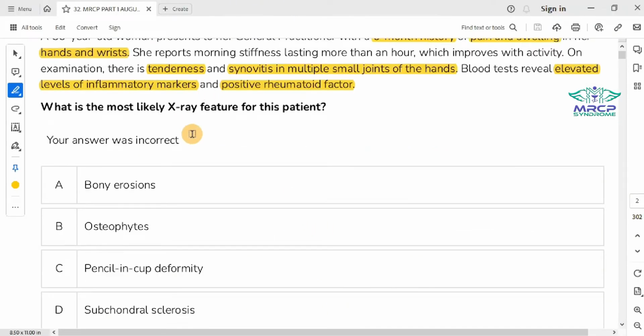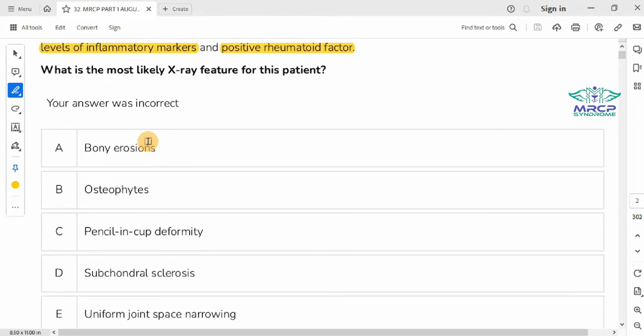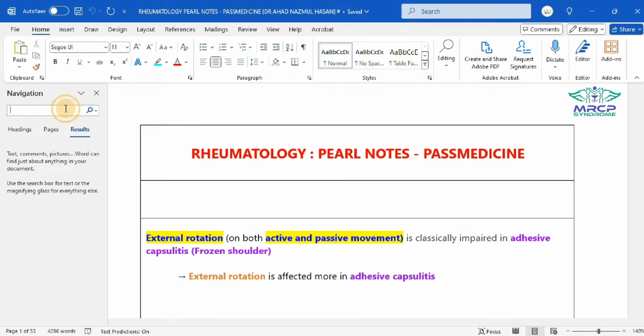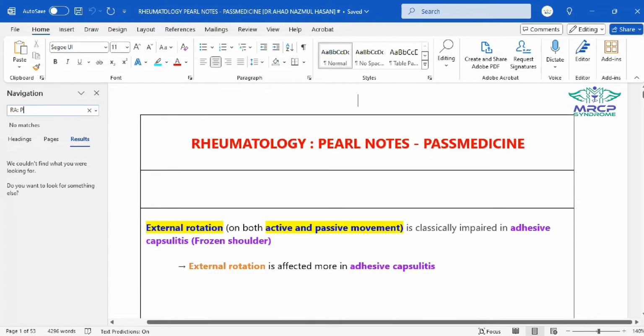So since this is the early rheumatoid arthritis, we will get the features of bony erosion, and this bony erosion also carries the poor prognostic features in case of rheumatoid arthritis. So what are the other poor prognostic features of rheumatoid arthritis? Anti-CCP positive. Yes, anti-CCP positivity. This is the poorest indicator.